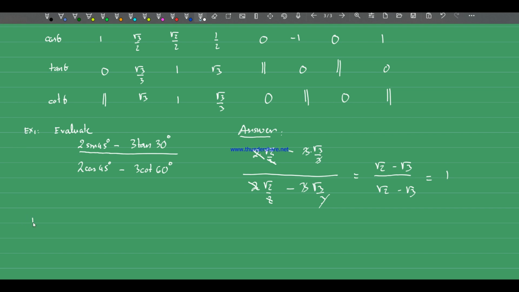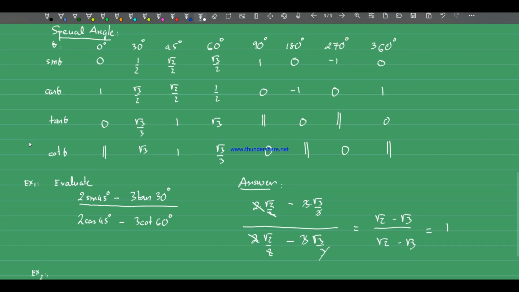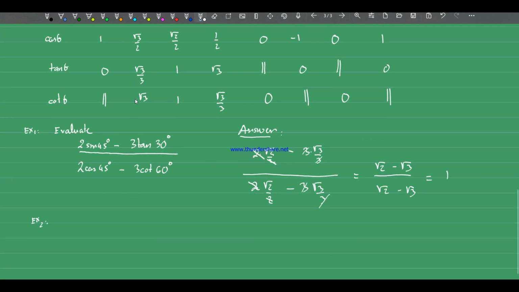In the second example, I introduce how to get the input given the output. So we know that sine 30 degrees is 1/2.